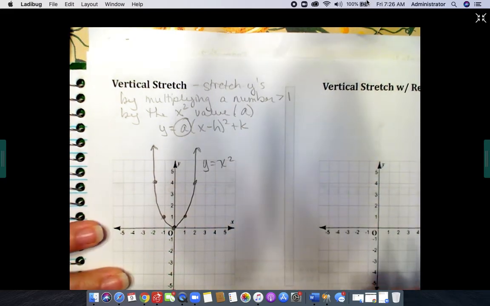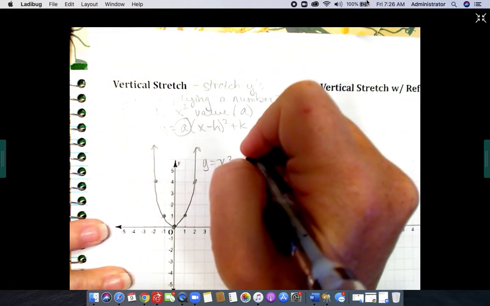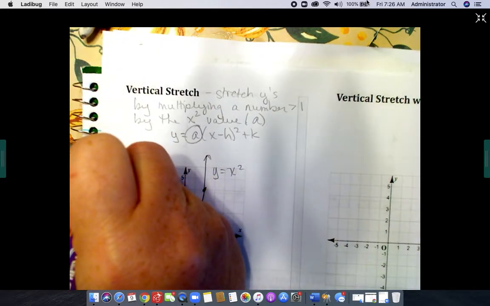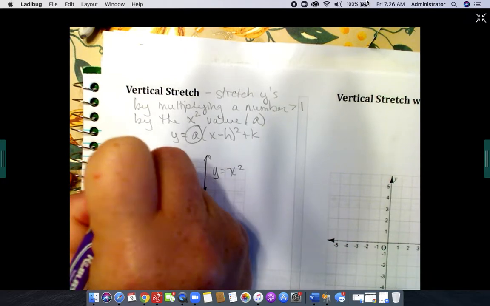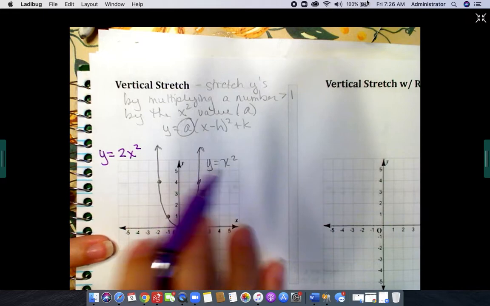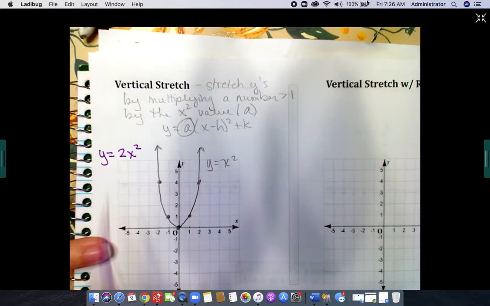So the first example I want to talk to you about is, what if you were asked to graph, I'm going to switch up colors now, y equals 2x squared. So we already graphed x squared. What does it mean if we now put a 2 in front?